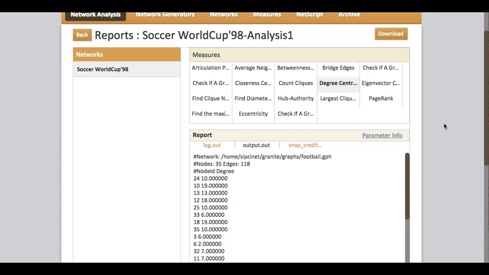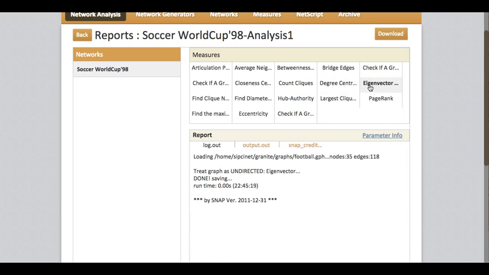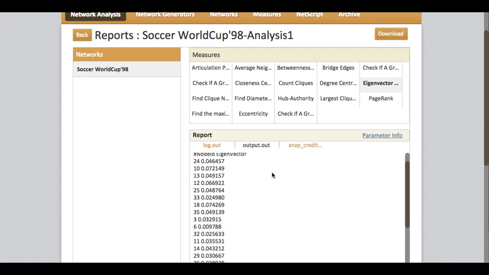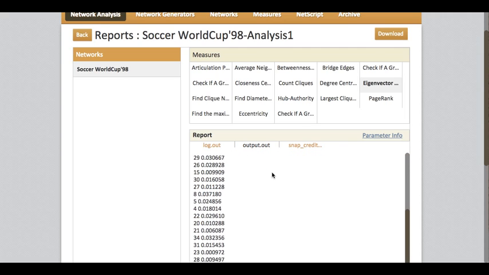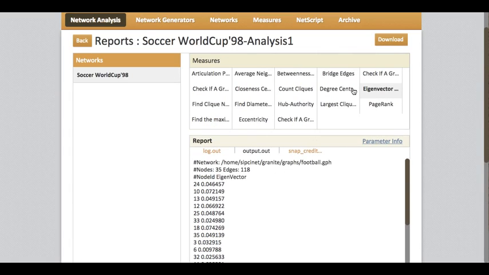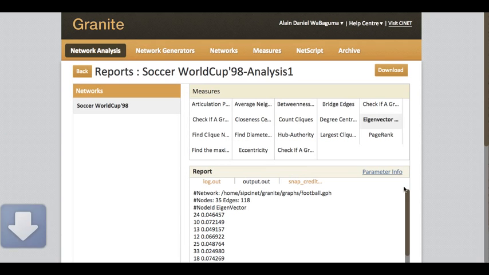Eigenvector centrality, and these are the values. I will also have to sort them out in Excel. And that's it for the 4 measures.